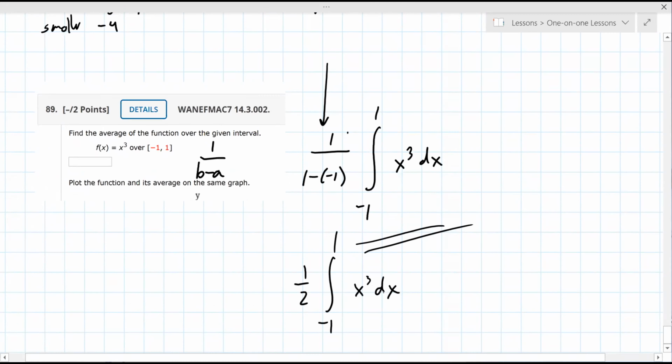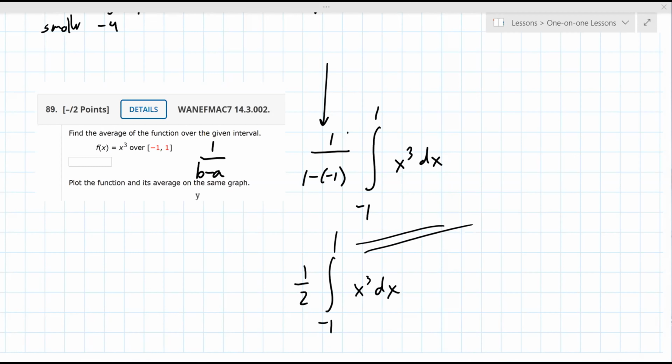Okay. So do you want to give that a try in the calculator? 0.25. So like a fourth. Yeah, 1/4.